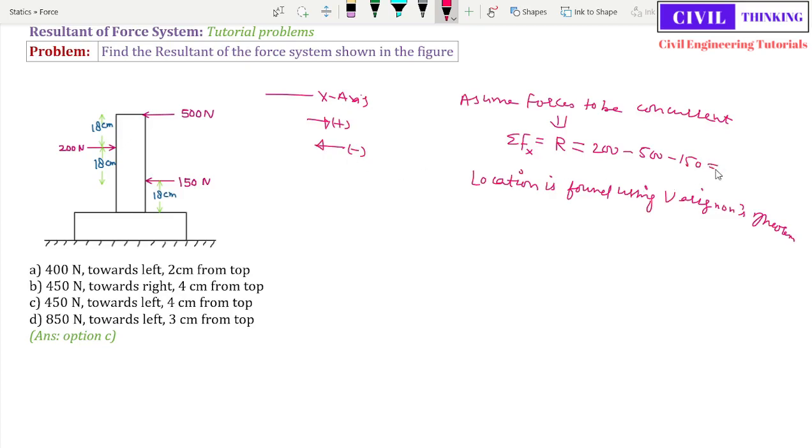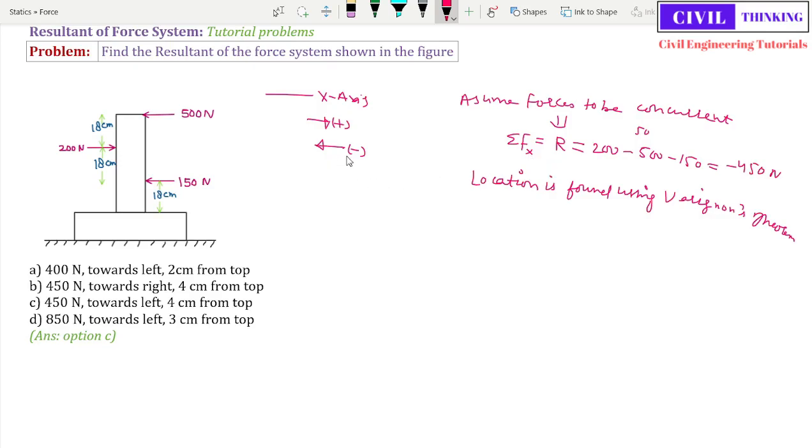So when I add up all of these, what we get, 200 minus 150, it is 50, right? Now 50 minus 500 is minus 450, right? Minus 450 Newton. So I got a negative value of minus 450 Newton. What does it mean?